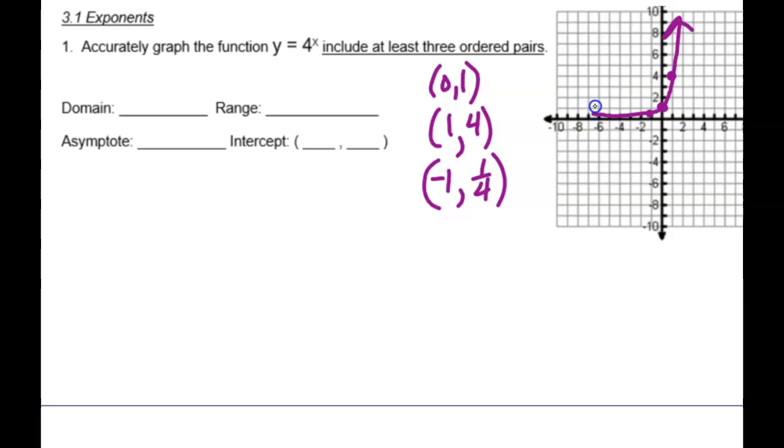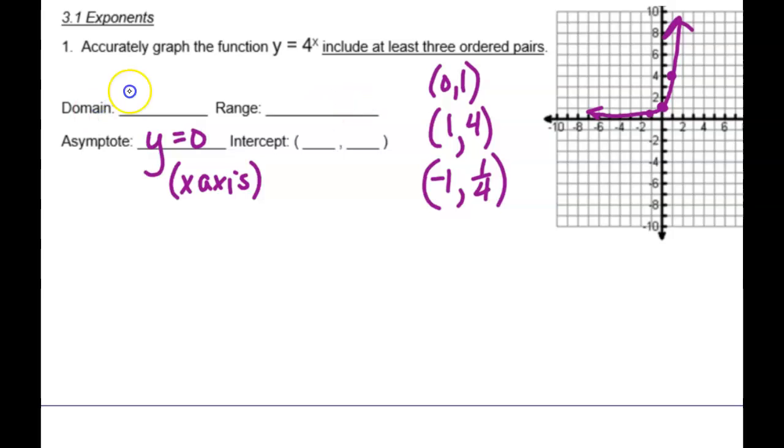So all exponential growth functions have as their asymptote what? Yes, the x-axis, which is y equals 0. Okay, domain and range, anybody?